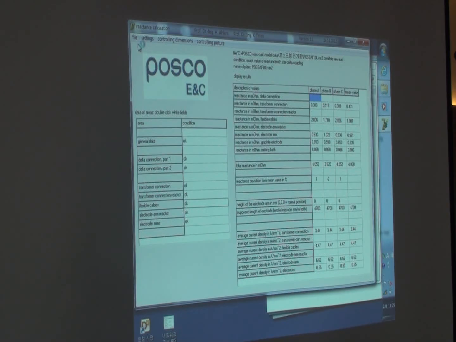Secondary voltages of the transformer, primary, and this is also the typical electric arc furnace. This is additional use. Normally you do not have this. This we have done, and I used this for preparing this.